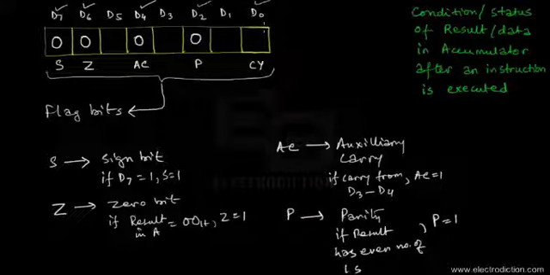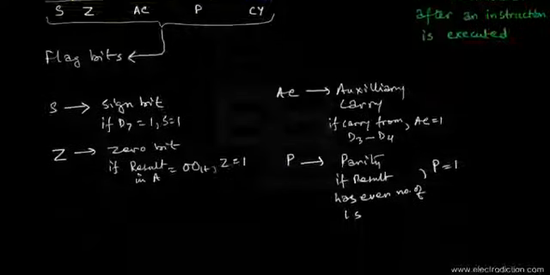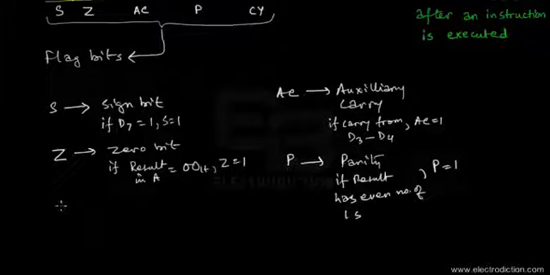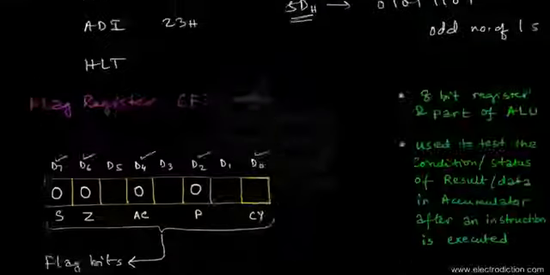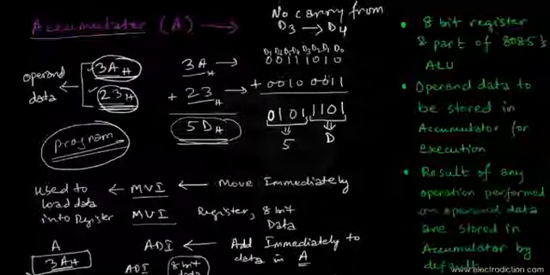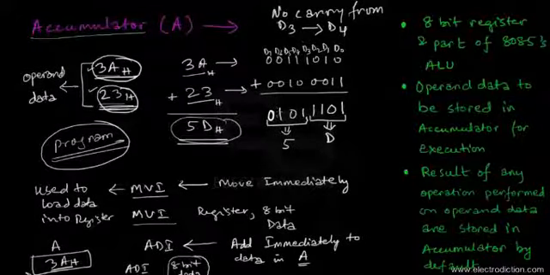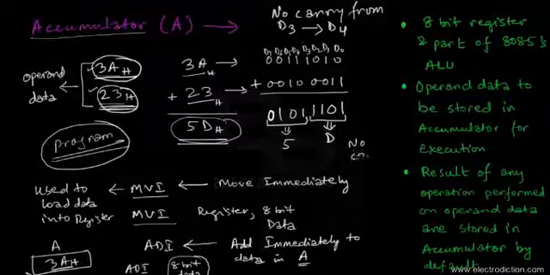And finally we need to check for carry. The carry bit, bit D0, known as CY, stands for carry. This carry bit is set only if a carry is generated as a result of addition. Now we see that there is no carry, so this addition involves no carry.